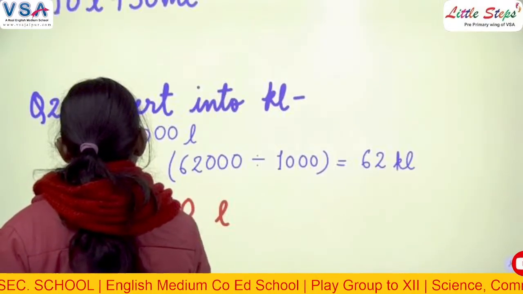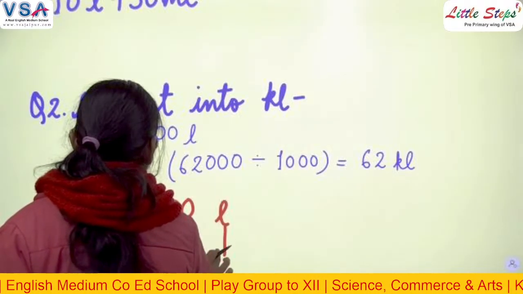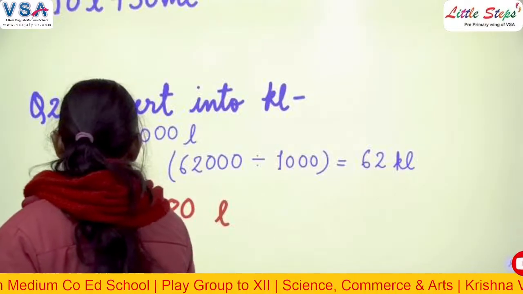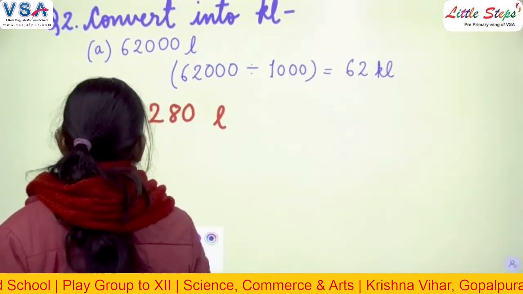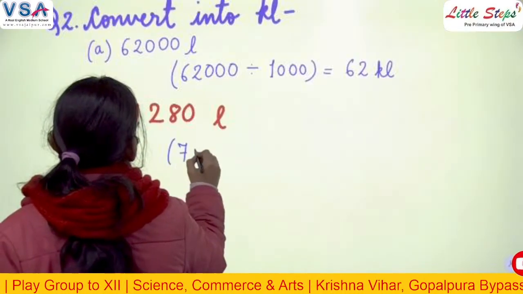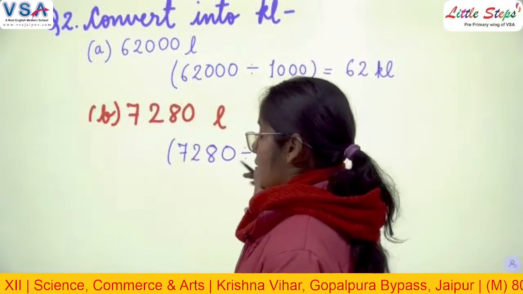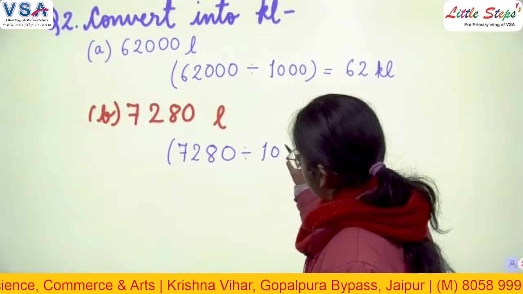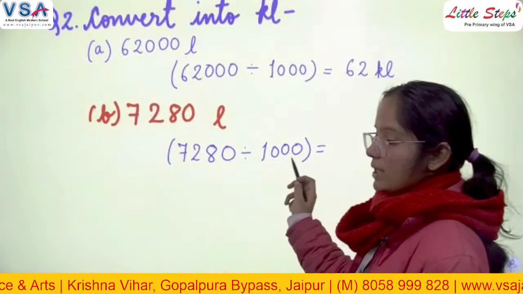7,280 is the next one. So what we have to do in this one? Again we will divide by 1000 because we are moving from smaller to bigger. So 7,280 divided by 1000. The answer will be, again we have to see how many zeros are here.